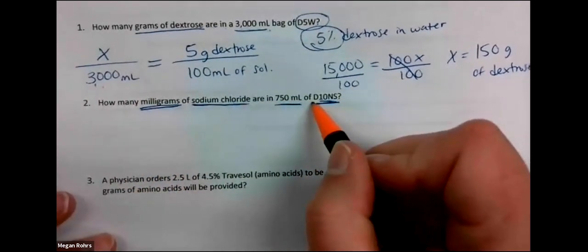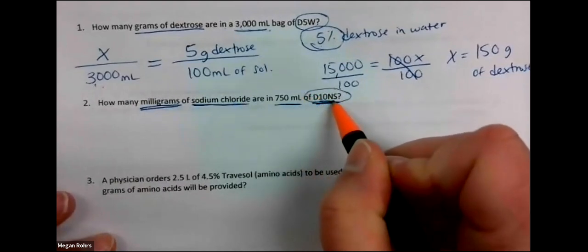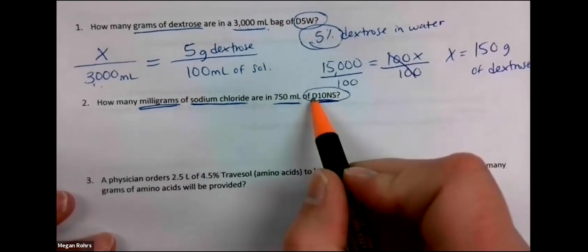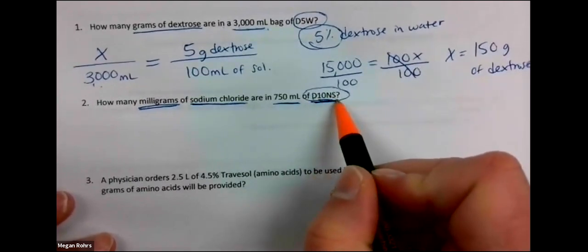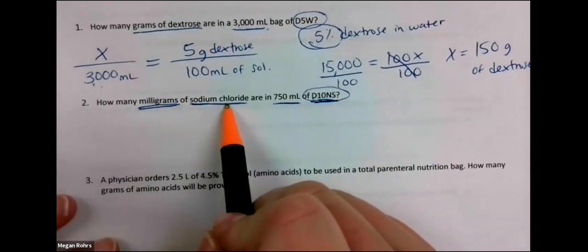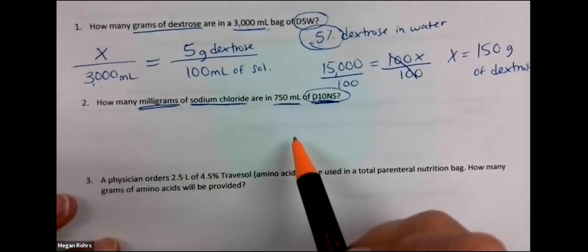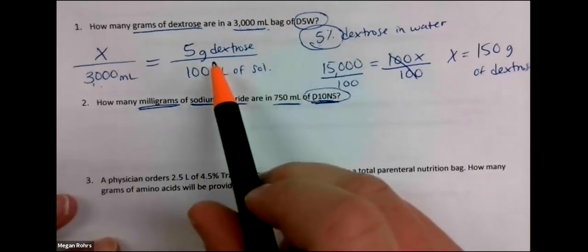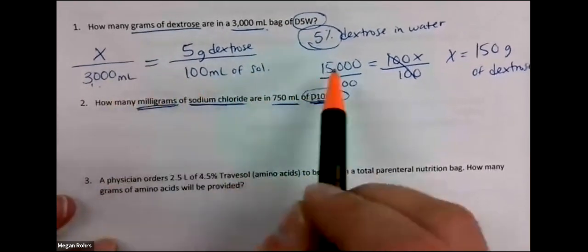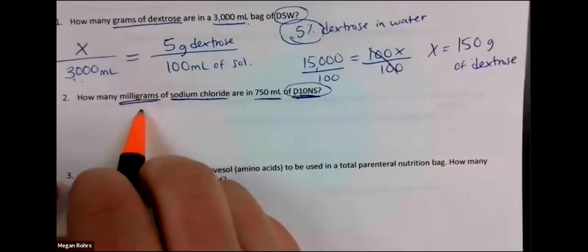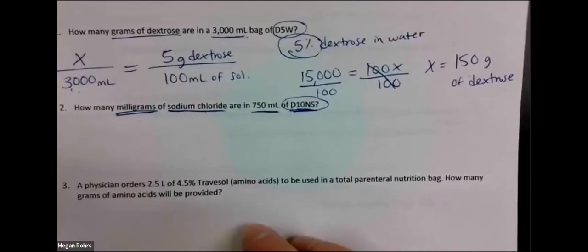So first of all, interpret this abbreviation, figure out what this means. Now here we have dextrose and normal saline. So keep in mind, they're asking for sodium chloride. Now when you set this up in a fraction, remember, we are always solving for grams here. So once you solve for grams, then you're going to need to convert your answer into milligrams.